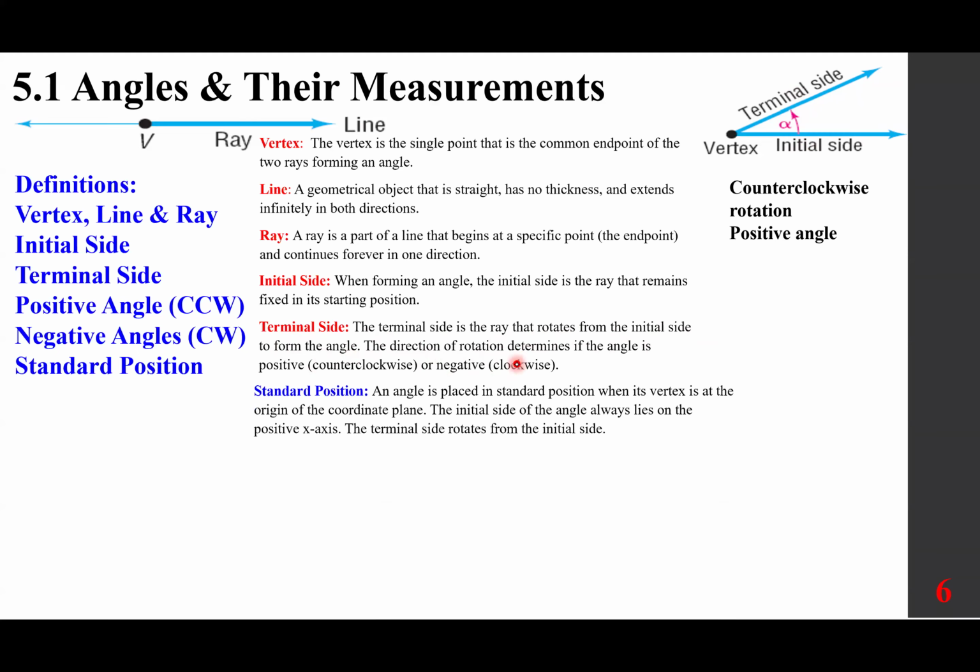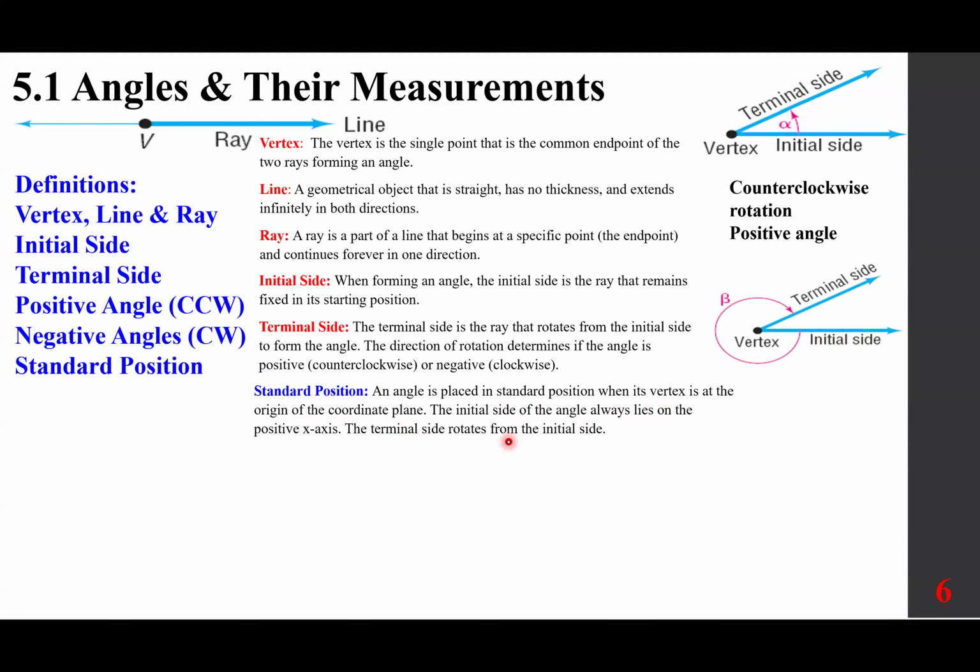Standard position. An angle is placed in standard position when its vertex is at the origin of the coordinate plane. The initial side of the angle always lies on the positive x-axis. The terminal side rotates from the initial side. So take a look.